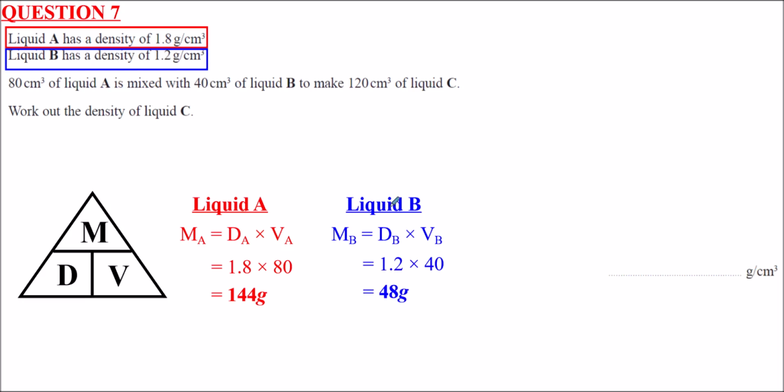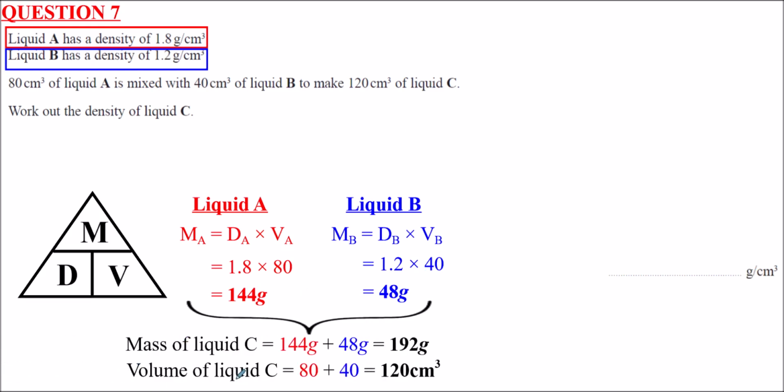Now A and B are combined, they're mixed together to make liquid C. So if we've got 144 grams of A plus 48 grams of liquid B, the total mass of liquid C must be 144 plus 48 grams, which is 192, and the volume of liquid C is therefore 80 plus 40, which gives us 120 cubic centimetres.